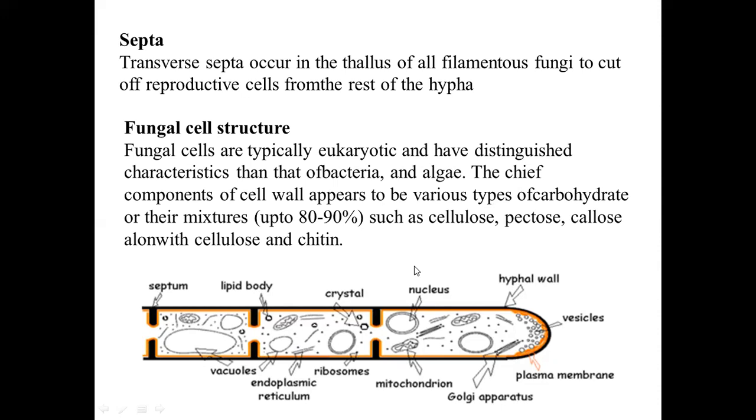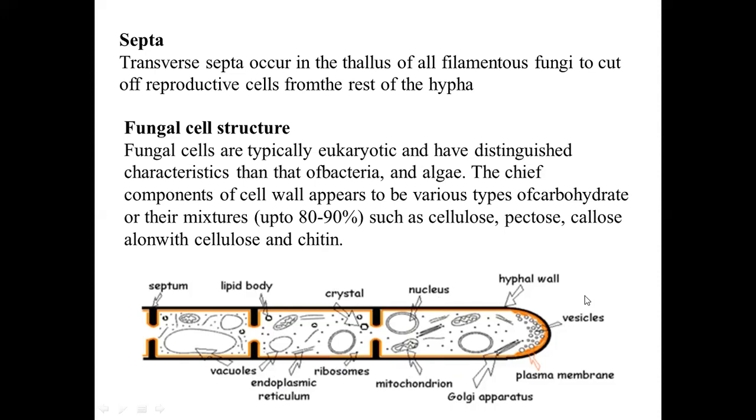So you can see here the septum is there, lipid body, crystals, nucleus, the hyphal wall, vesicles, plasma membrane, mitochondria, Golgi apparatus, ribosomes, vacuoles, endoplasmic reticulum. So this is the detailed internal structure of the fungal cell.